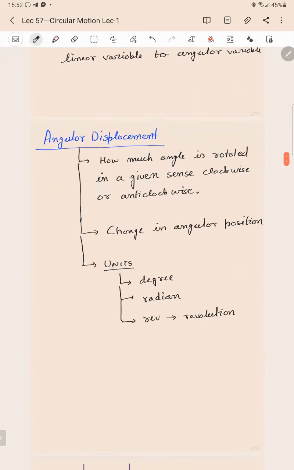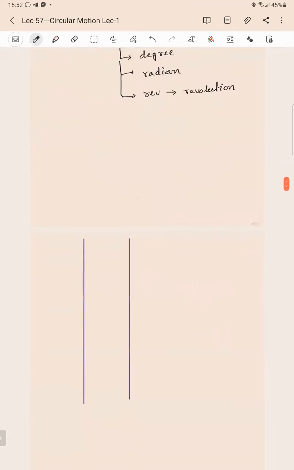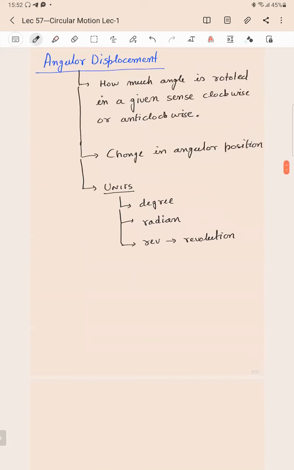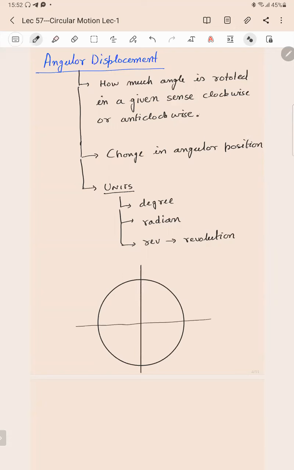Now, the proper way of measuring this angular displacement is basically, let me tell you, suppose I have got a circle like this. This is a circle given to me, and these are the two straight lines. Suppose I was here initially.